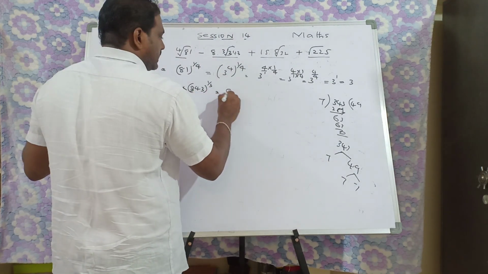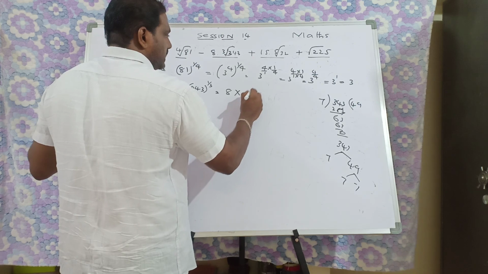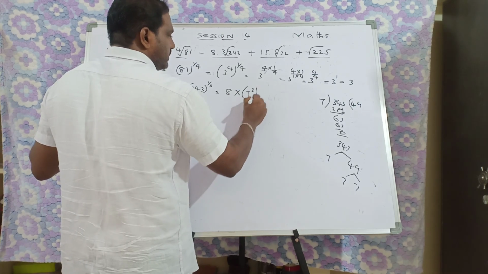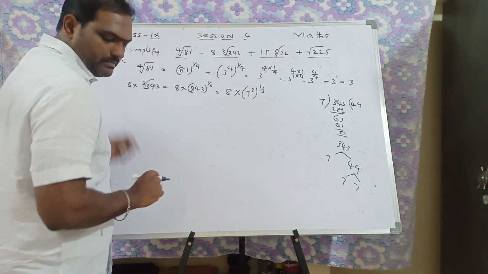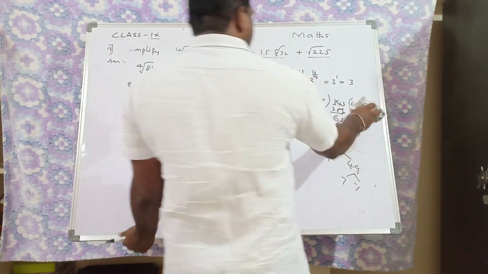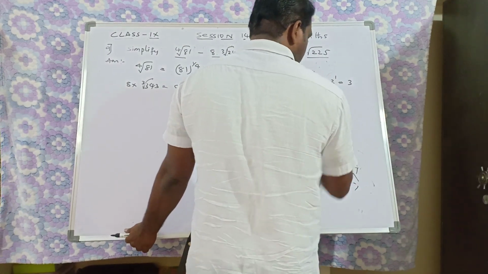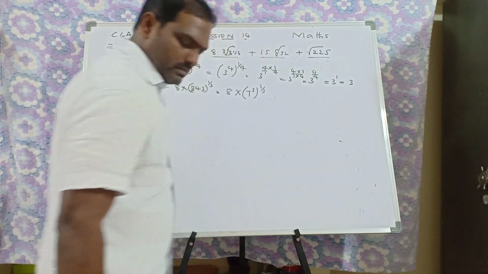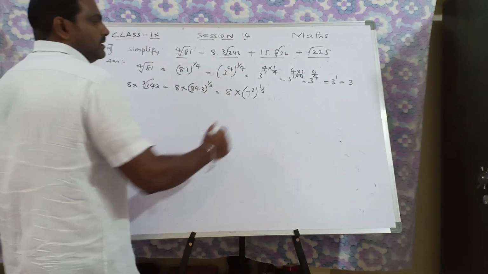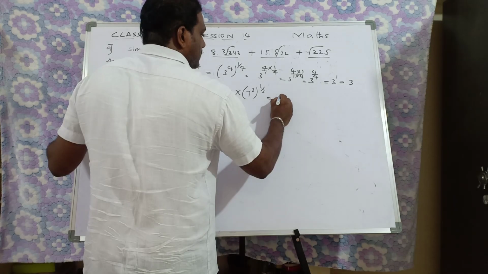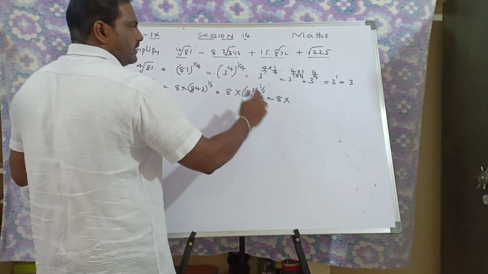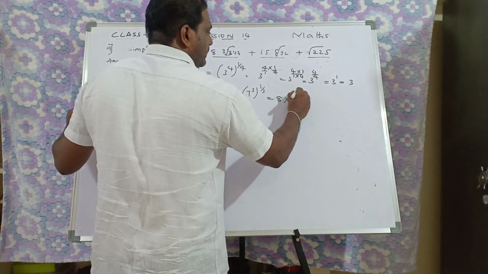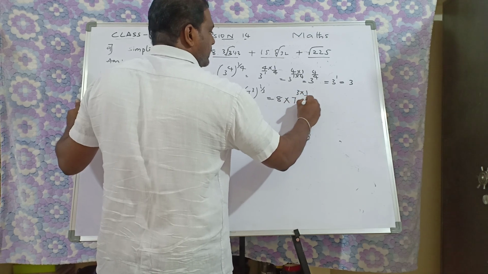So here, 8 into 7 cube whole power 1 by 3. What is the next step? 8 into 7 power 3, a power m whole power n is a power m into n, so 7 power 3 into 1 by 3.